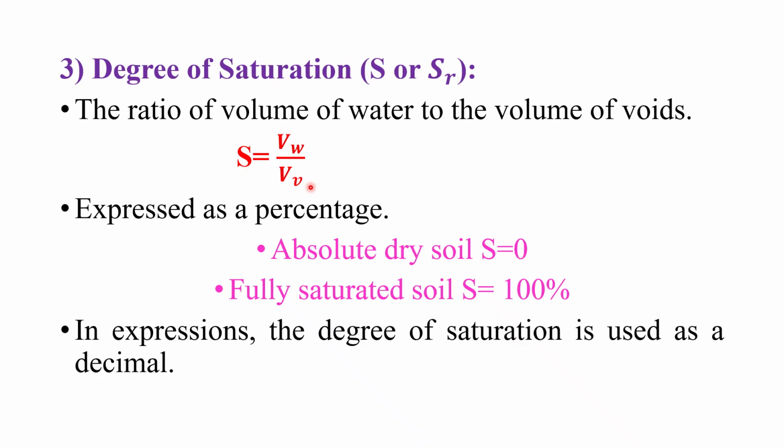It is expressed as a percentage. If the soil is absolutely dry, S equal to 0. If the soil is fully saturated, S equal to 100%. In equations, we will use S equal to 1 in that case.